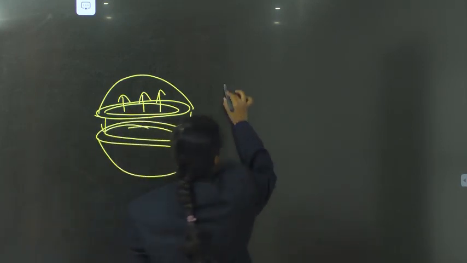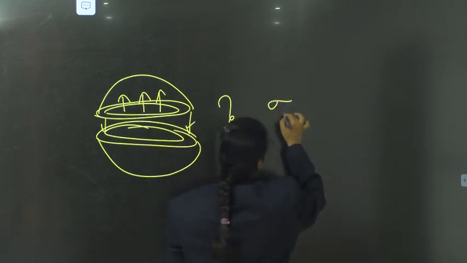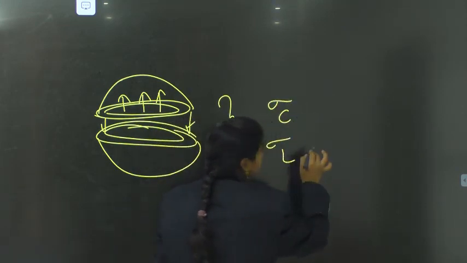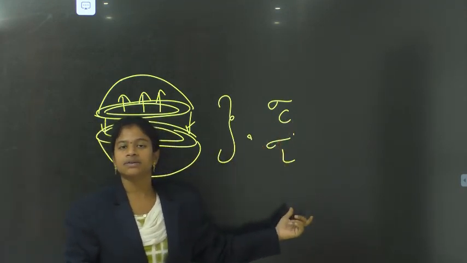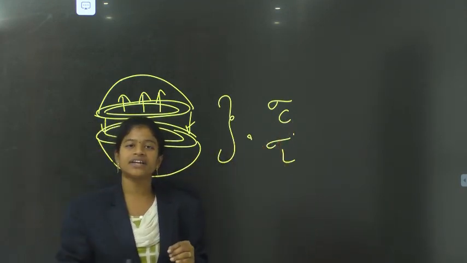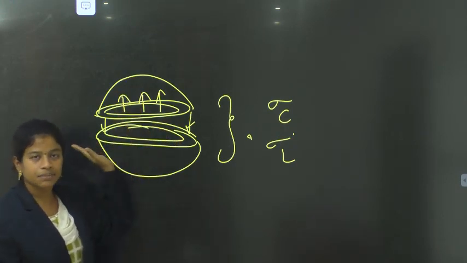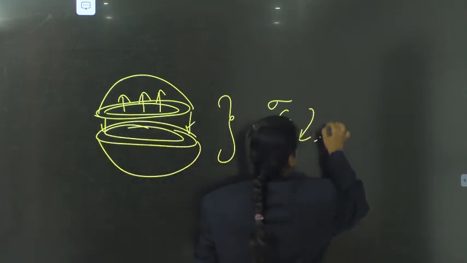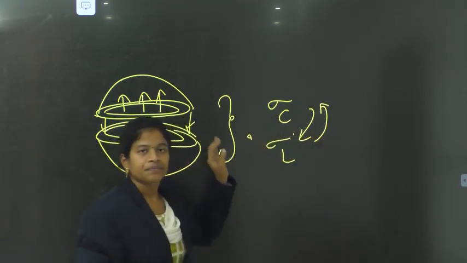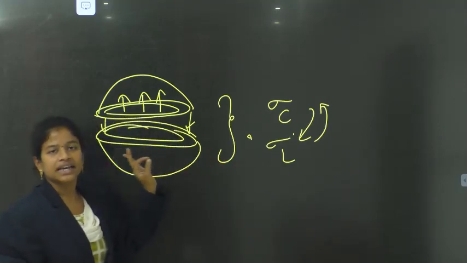Same as the thin cylindrical shells, here also you can observe sigma C and sigma L. But sigma C is equal to sigma L, because the circumferential stress and the longitudinal stress are both the same, as this is symmetrical in X and Y. So sigma C and sigma L are equal for the thin spherical shell.